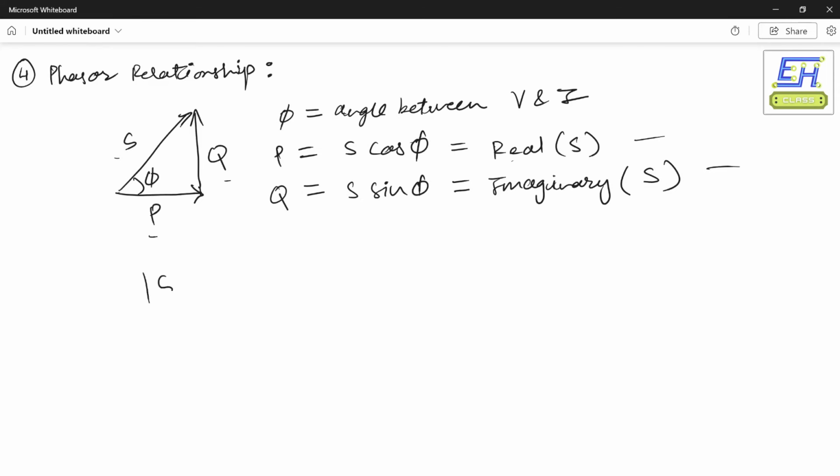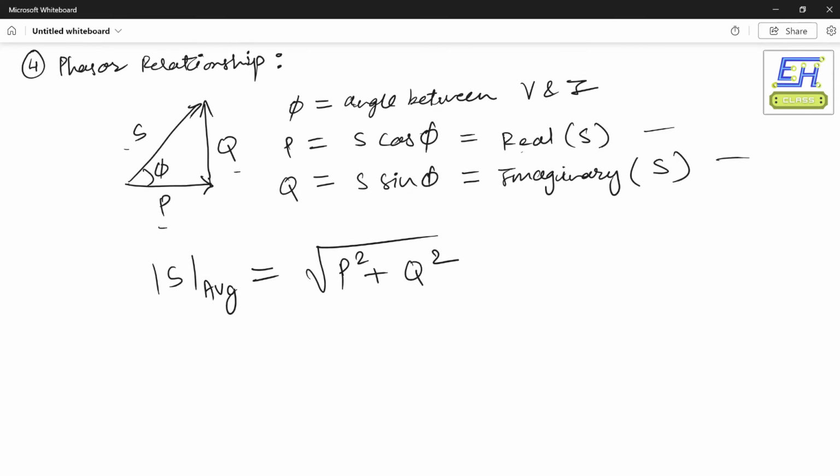Finally, the thing that we care about is the magnitude, which according to simple trigonometry will be the root of P squared plus Q squared. And if you substitute the values for P and Q, you will get the same result, that is Vrms times Irms. And this is nothing but the apparent power.